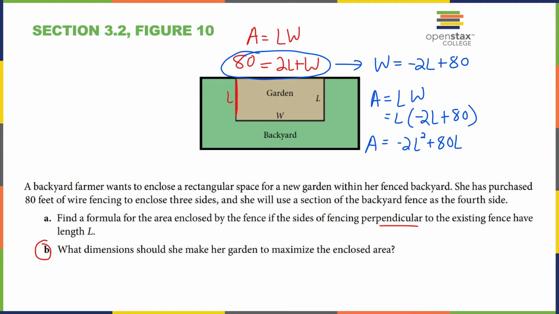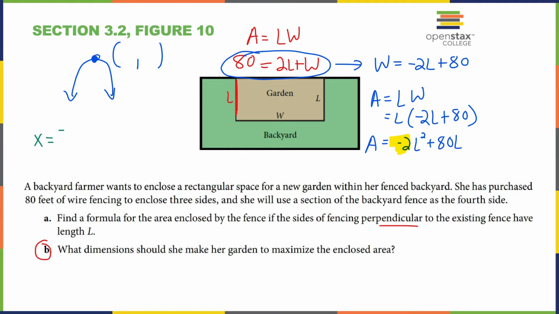In order to find the maximum of this, notice that my leading coefficient is negative. So this is a downward facing parabola, so it does have a maximum. In order to find that maximum amount, remember that's the vertex. So I'm looking for what is the vertex of this equation. So what I'm going to do is first find my axis of symmetry.